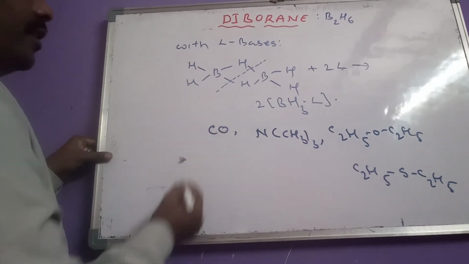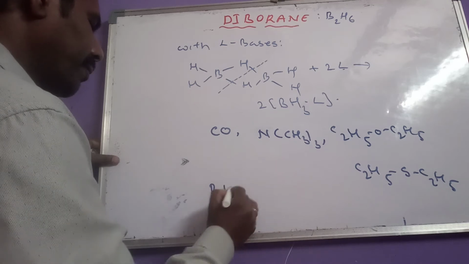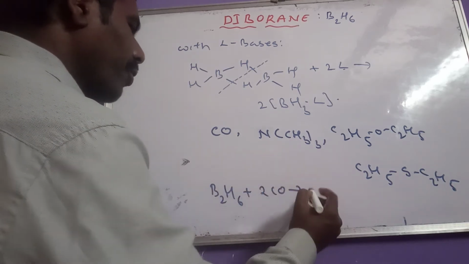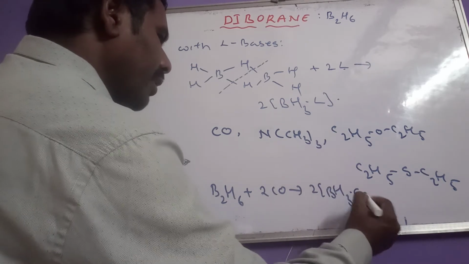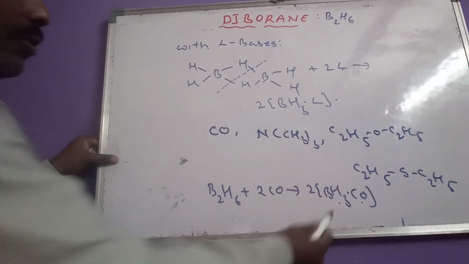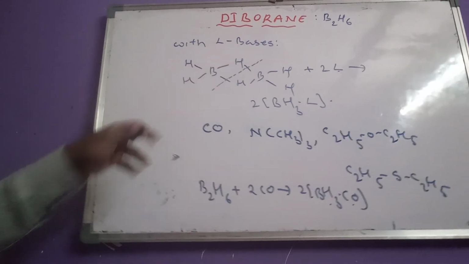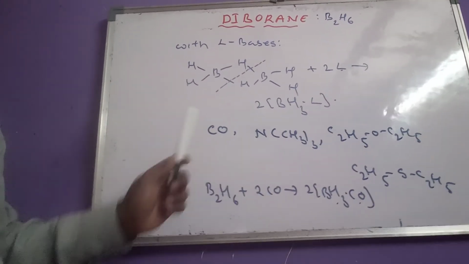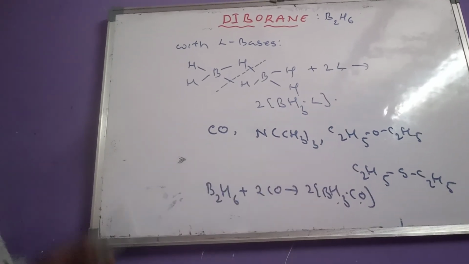Now let us see the example of CO. Diborane B2H6 plus 2 moles of CO gives 2BH3.CO, borane carbonyl. This product is called borane carbonyl. In this we can observe homolytic cleavage. Now these we have to remember for homolytic cleavage of diborane. These are the Lewis bases.